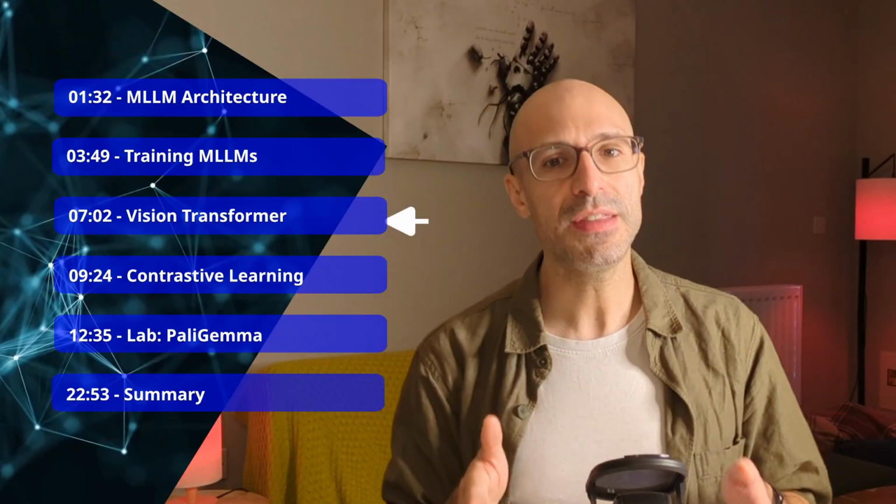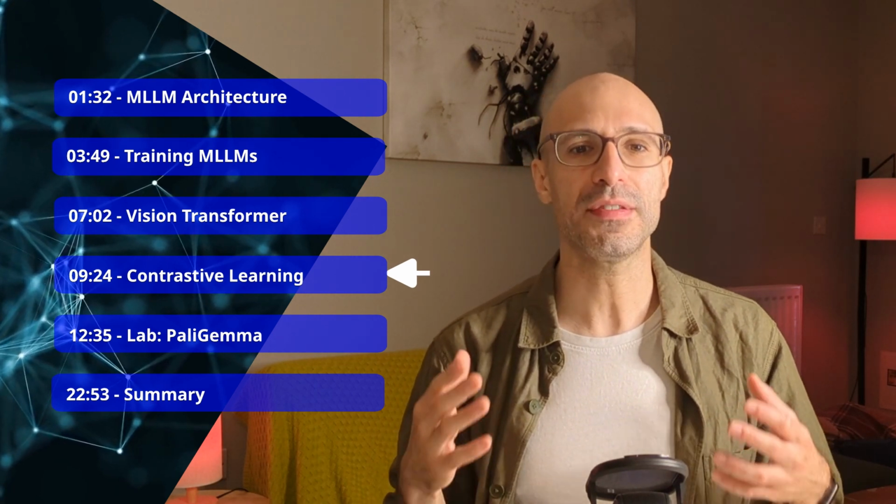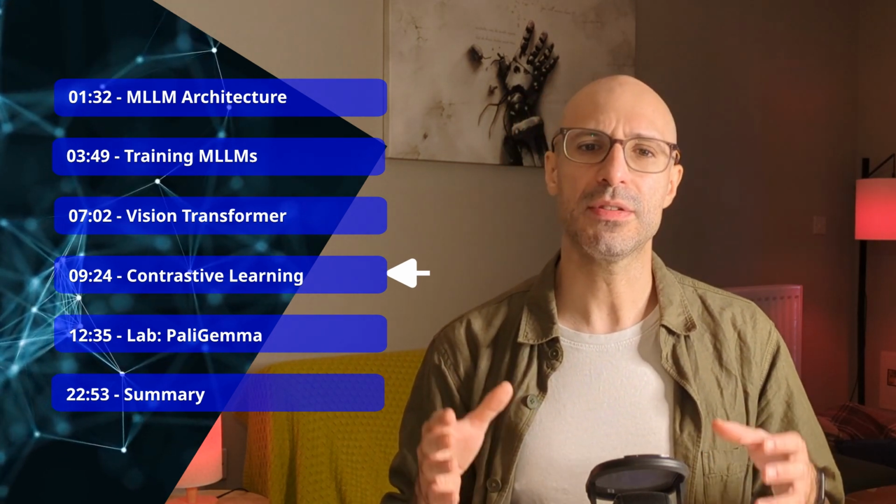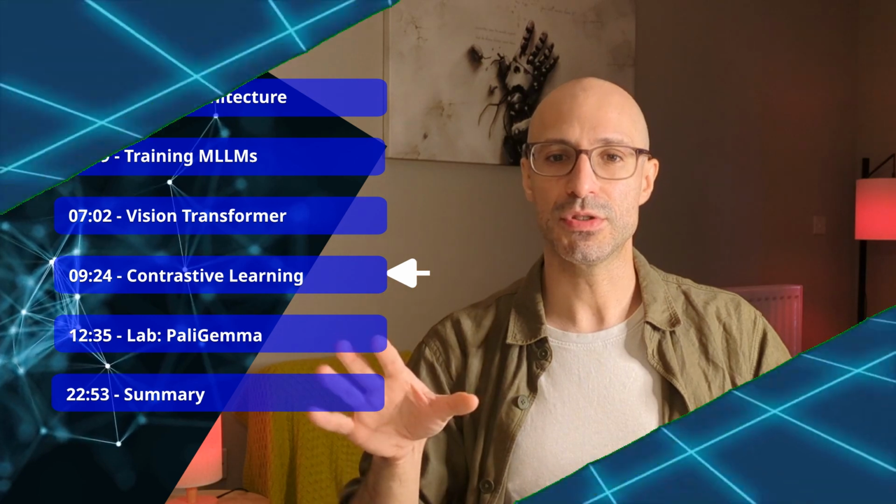However, for many applications, we want models to capture as many of these visual and semantic nuances as possible. To obtain this, we can use contrastive learning methods to better align text with images.